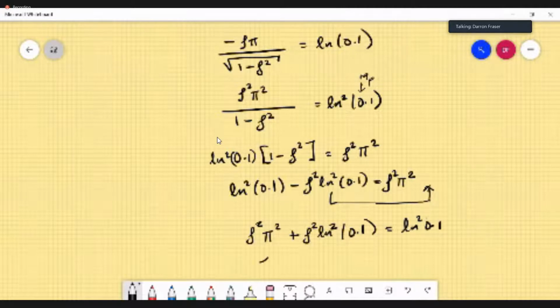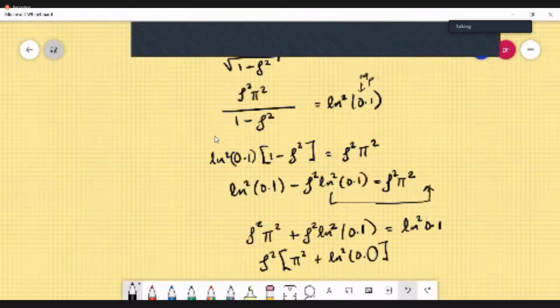So take the damping ratio squared out of the bracket, pi squared plus ln squared 0.1, is equal to ln squared 0.1.